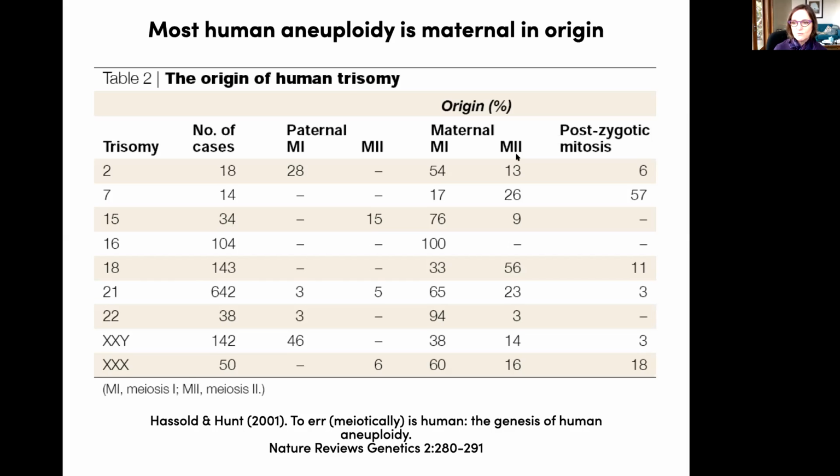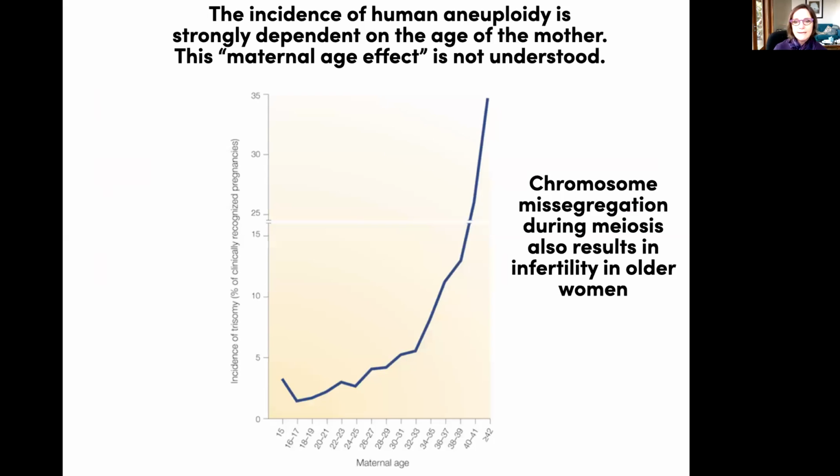And we also know, although we don't know why, that there's a very strong maternal age effect. You're probably familiar with this. The curve is actually more U-shaped than was appreciated in 2001, in that very young mothers, like teenagers, actually have a higher incidence of non-disjunction.